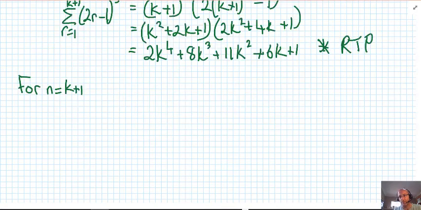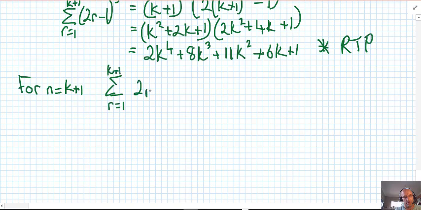Okay, so for n equals k plus 1, again, we have this, and by adding the inductive term on, we get what we had, the sum at r equals k.